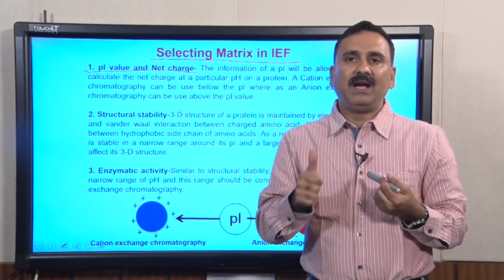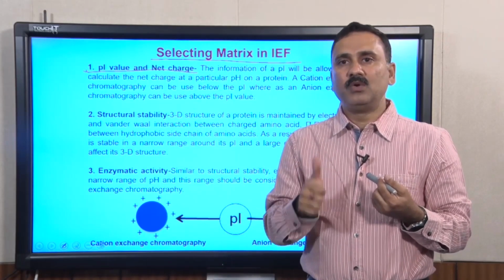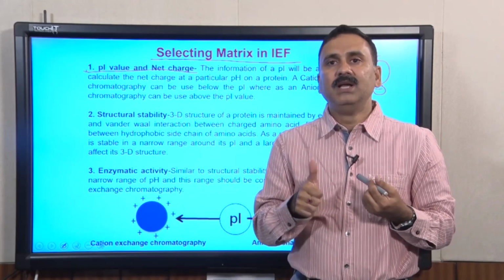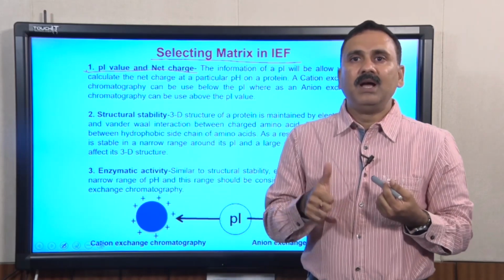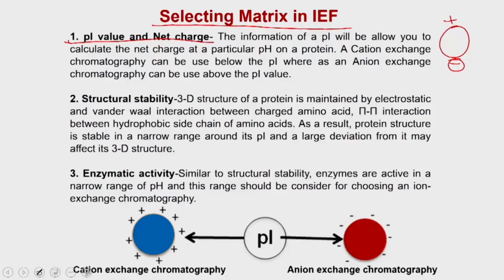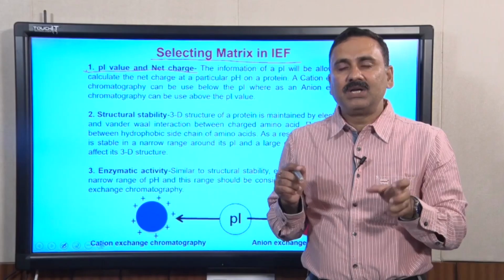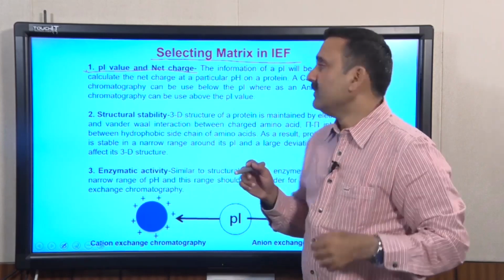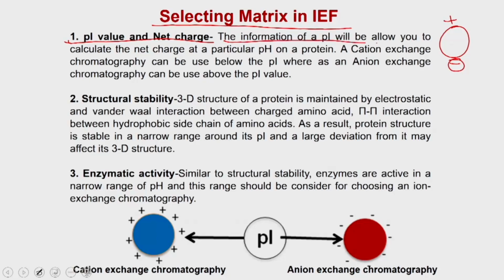This pH at which your protein shows a net 0 charge is called the isoelectric point, or the pI value, and that pI value allows you to calculate the net charge present on the protein at any pH. The information of a pI will allow you to calculate the net charge at a particular pH on a protein.